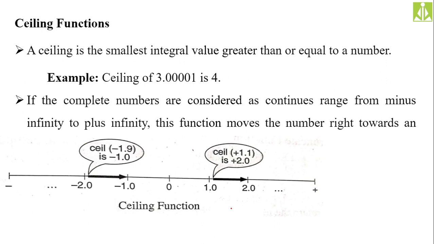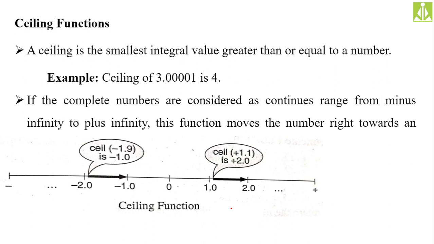So yes, this ceiling function, floor function, truncate function, round function, all these functions are helpful in calculating the nearest possible value or nearest whole number, or nearest integral value, of a given floating point value.